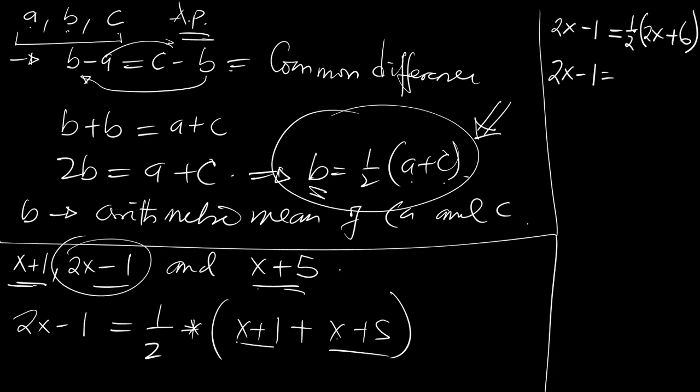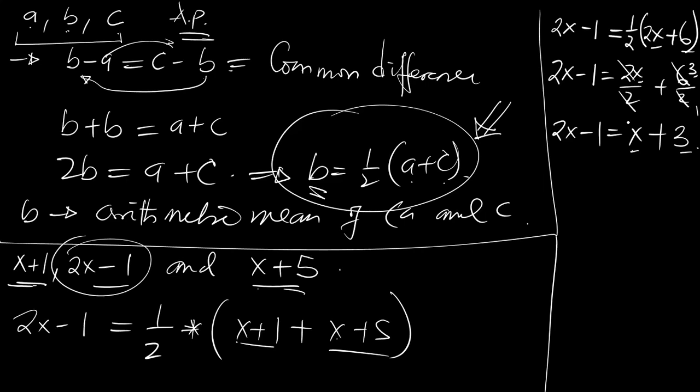Using this half to multiply the terms inside, you have 2x all over 2 plus 6 all over 2. So you now have 2x minus 1 equal to x plus 3, because the 2s cancel, it becomes x, and 6 divided by 2 is 3.